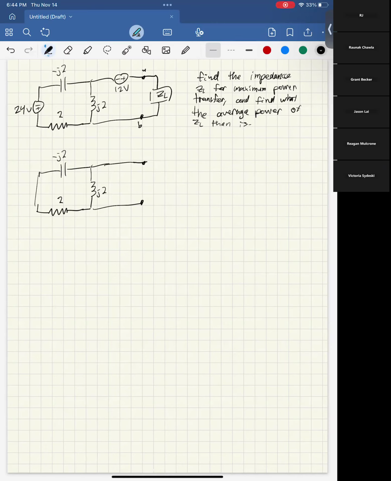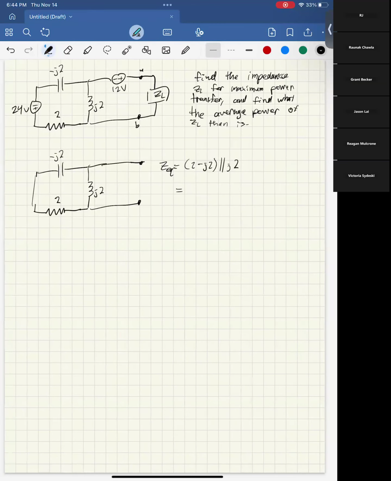To start, we have these two in parallel. Or no, sorry, my bad. These two are in series and these two are in parallel with this. So Z equivalent equals 2 minus J2 in parallel with J2.